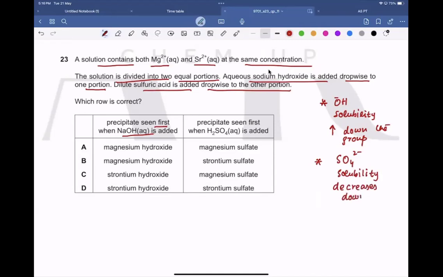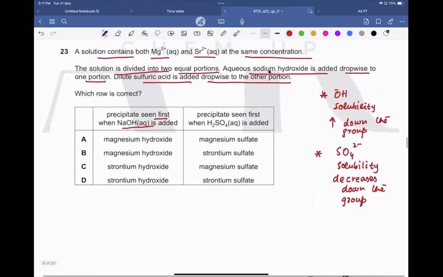That is the trend that we have studied in group 2. So there is a magnesium and there is a strontium. If you find them in the periodic table, you will see barium, magnesium, calcium, strontium.